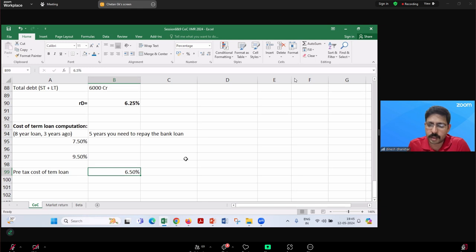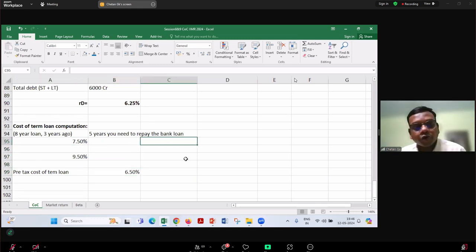Yes, I understood. Then you take the higher of the both, which means instead of 6.5, you can still take 7.5 and say that you are being more conservative this way.